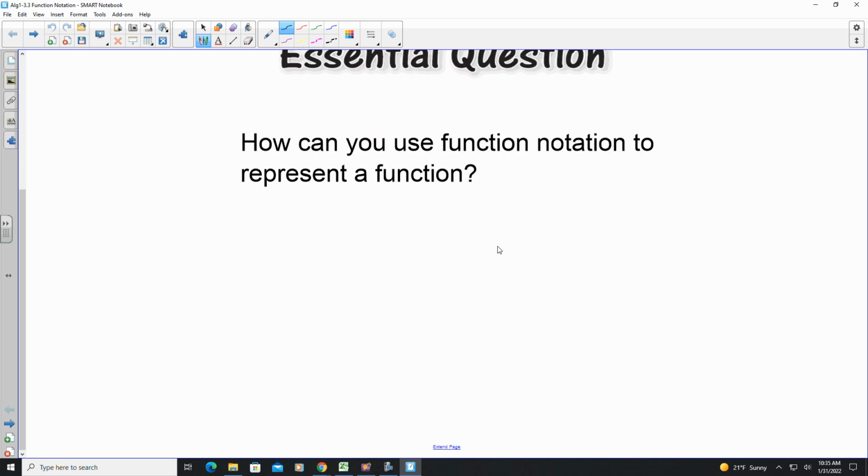So we were looking at graphs that were linear in 3.2, and we have y is equal to mx plus b. That was the general equation that we were looking at in the previous section.